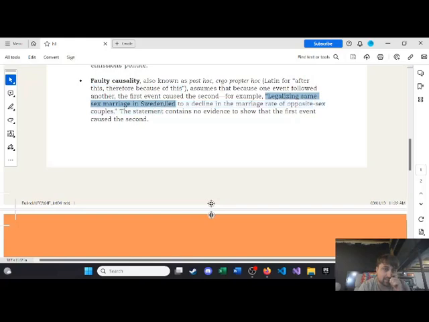Legalizing same-sex marriage in Sweden led to a decline in the marriage rate of opposite-sex couples. Okay, so we legalize same-sex marriage, and then after we legalize same-sex marriage, opposite-sex couples stopped getting married. Are those things connected?